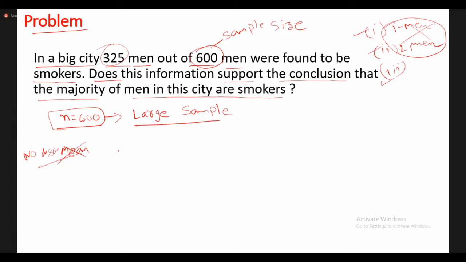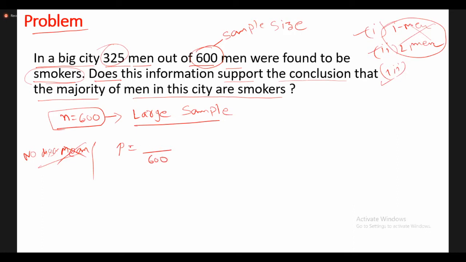Now, see the solution part. Next, we'll write the given data. N is given, 600. And see here, out of 600, 325 men are found to be smokers. We are discussing the smokers, so the statement is about smokers. Small p is the sample proportion. Out of 600, how many are favorable?